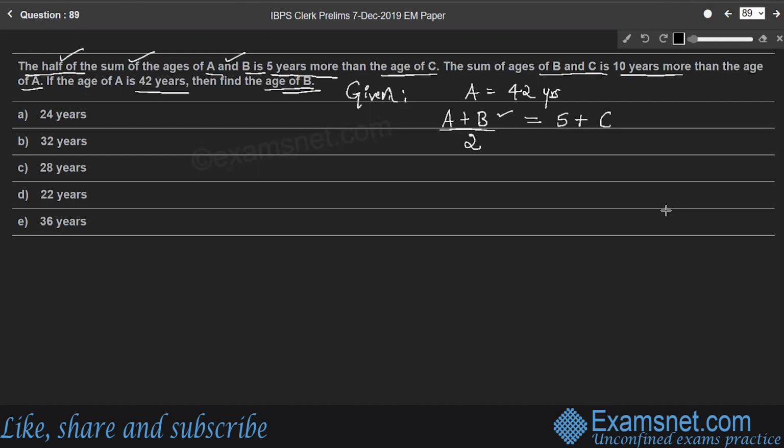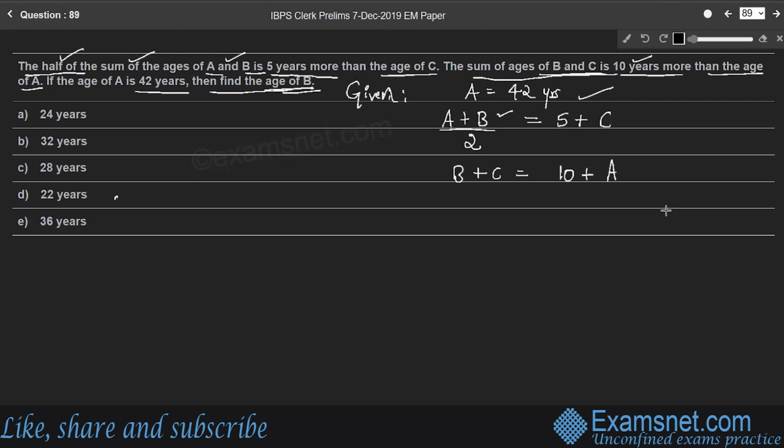And the sum of ages of B and C, that is B plus C, is equal to 10 plus A. Then we have to find the age of B, given that A is 42 years old.